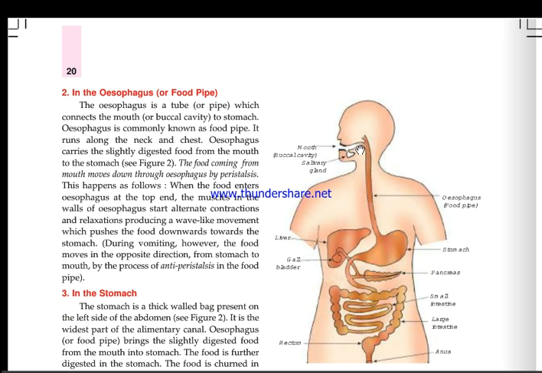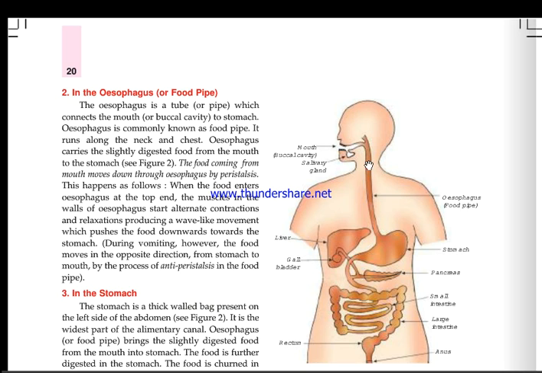The partially converted food goes to the stomach from the mouth by a process called peristalsis.